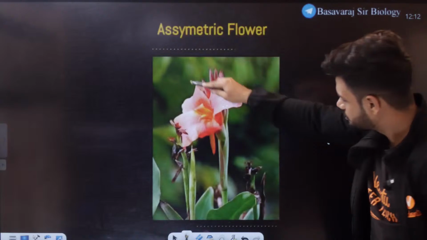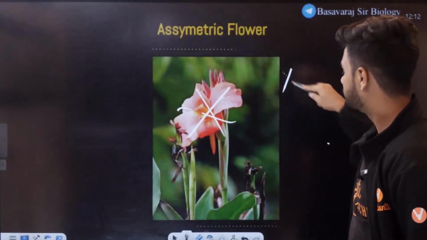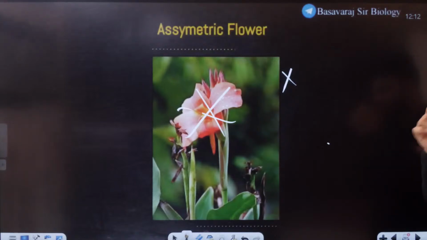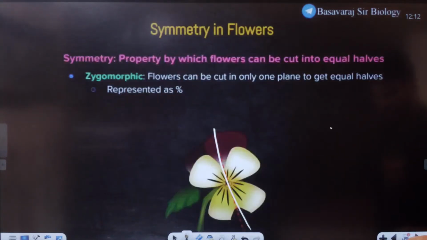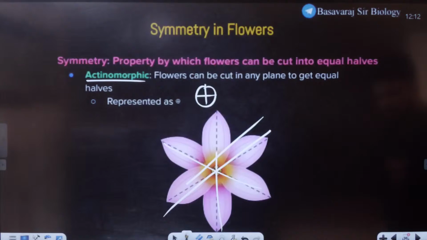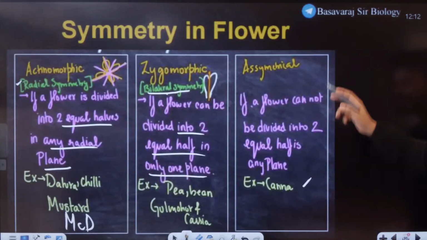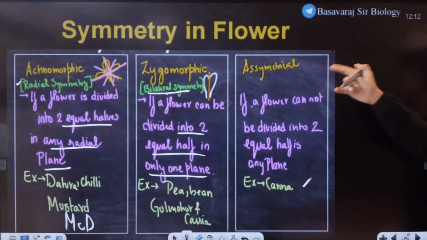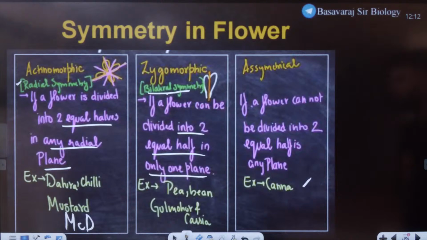Not possible at all. This right here is called canna, a canna flower. Canna is an example of asymmetry. If a flower cannot be divided into two equal halves in any plane, it is asymmetrical. Okay, zygomorphic, asymmetrical, and actinomorphic. Done.